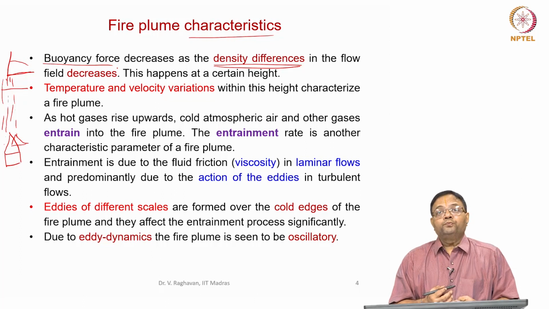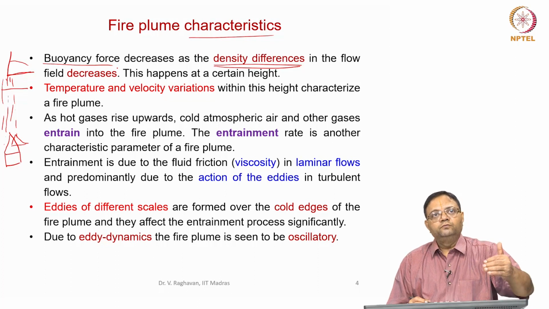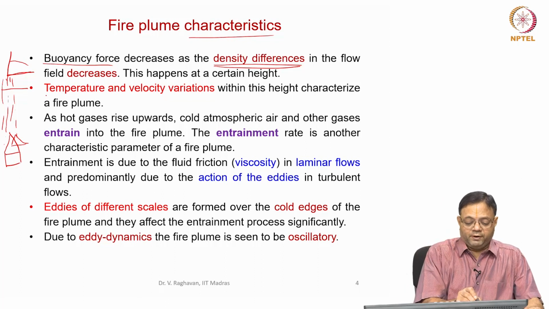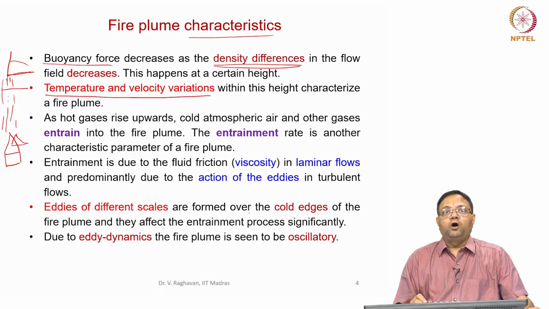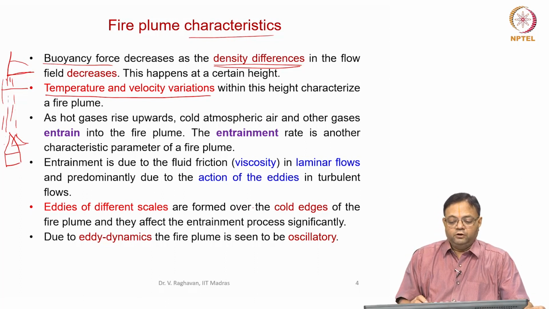So, as we go from the base of the fuel towards higher heights, you will see that the temperature and velocity variations will be significantly affected. So, the temperature and velocity profiles as a function of height in a fire plume are a very important characteristic which we want to analyze.